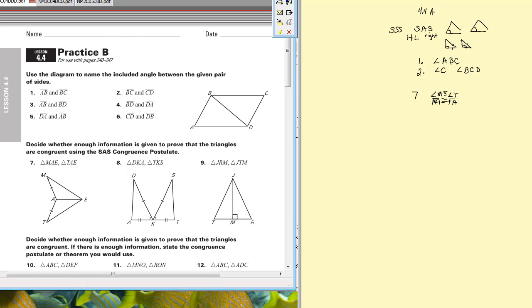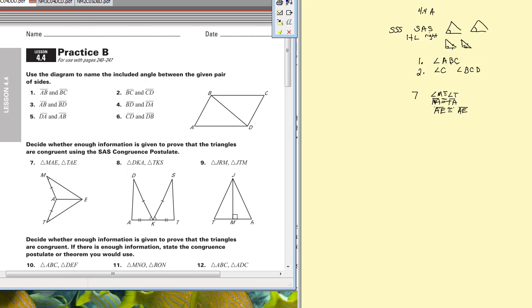And remember, I went from outside to inside to inside, the same direction every time. Okay, so I have one side and one angle. Do I have another side? Well, yeah, they share AE. So we also know that AE is congruent to itself, AE, from the reflexive property.